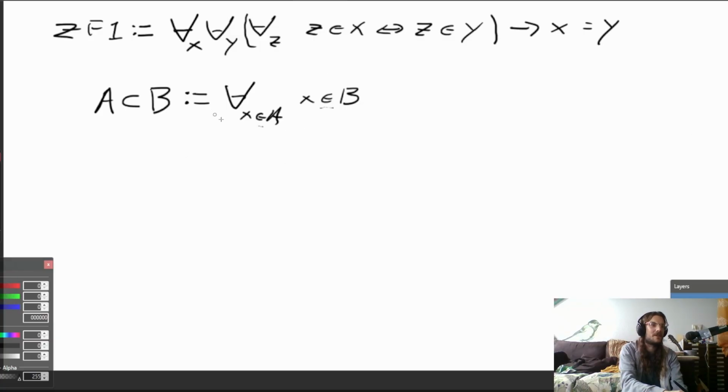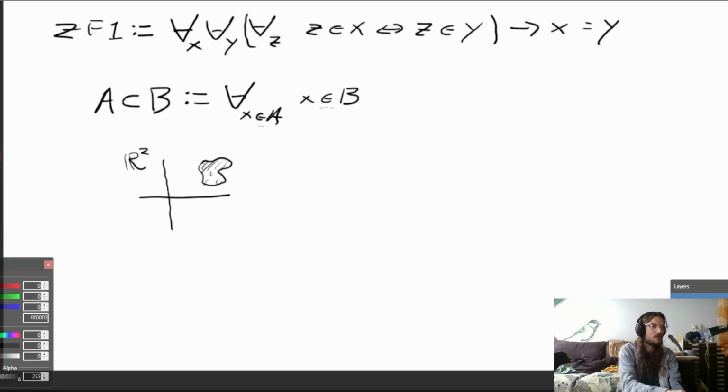Yeah, so if we look at what this means, you go over all the elements in A, and all of them have to be in B. But if there is one that is not in B, then this relation is false. So let me give some examples. We can draw the two-dimensional plane, which is of course a set, R2. And we can draw a little squibble here, and we can color it in.